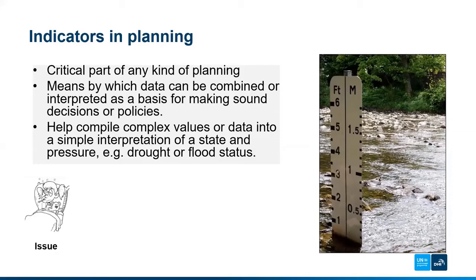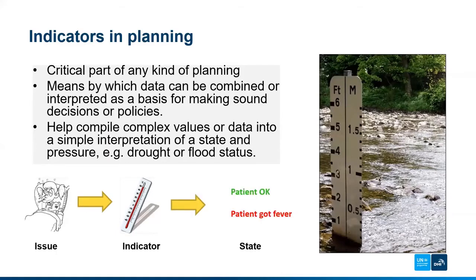We have someone who is ill. That's the issue. We will use a thermometer as an indicator to measure the body temperature. And based on a specific threshold, for example, above 38 degrees Celsius, we can say the patient has fever. So from the issue, we determine an indicator that gives us an indication about the state.